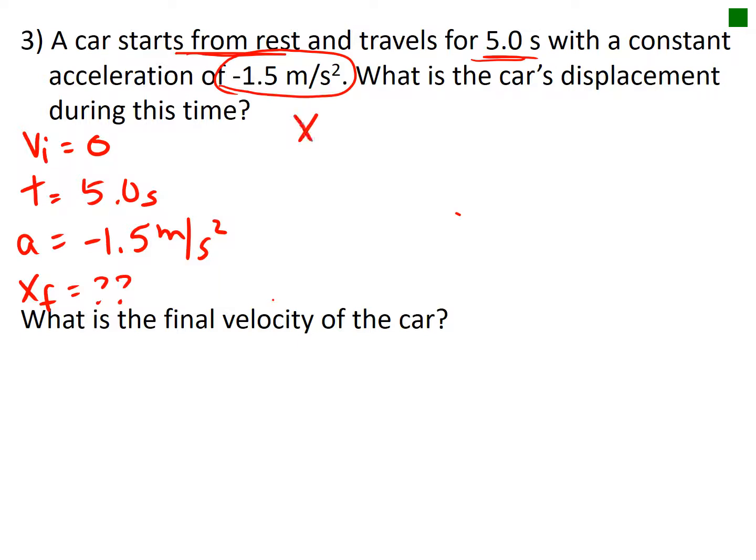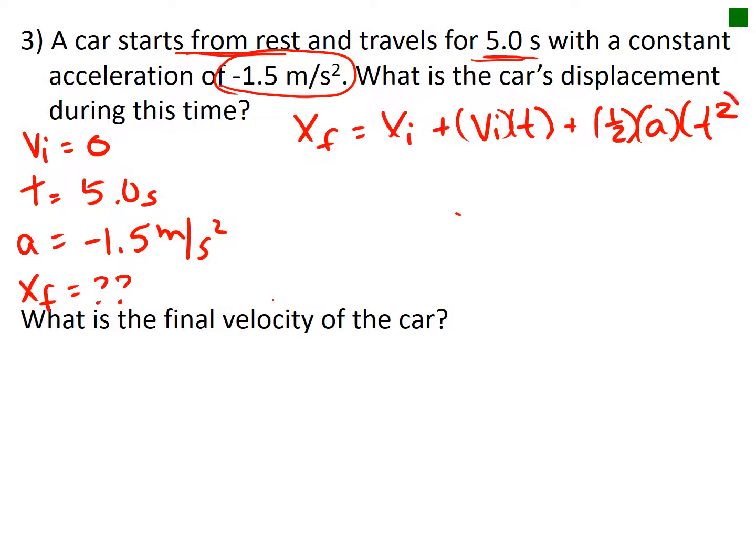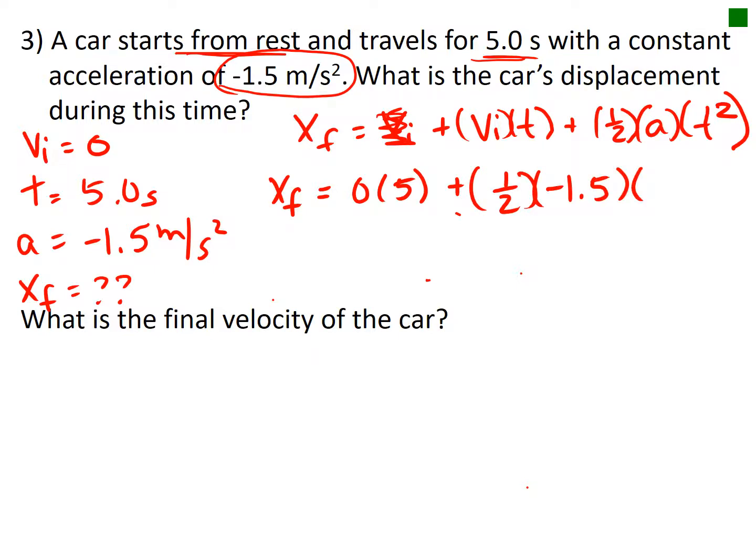So again, we're going to do XF equals XI plus VIT plus 1/2 AT squared. There we go. XI is 0 again, so crossing it out. So XF equals 0 times 5 plus 1/2 times negative 1.5 times t squared, which is going to be 5 squared.